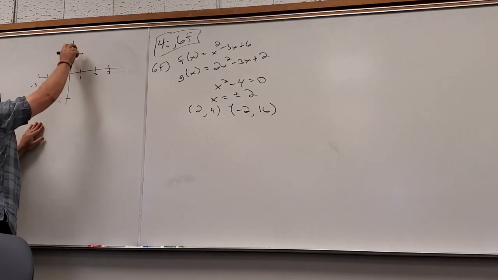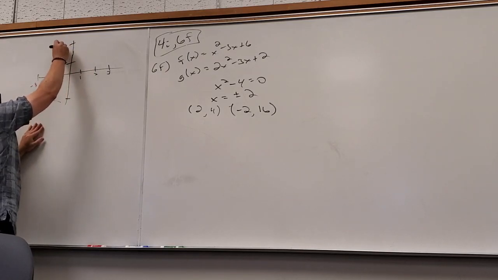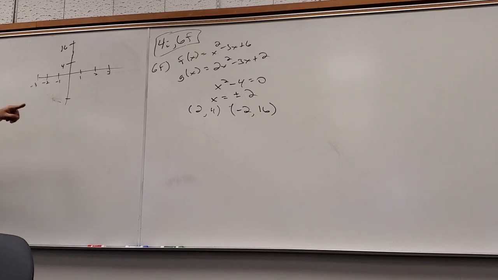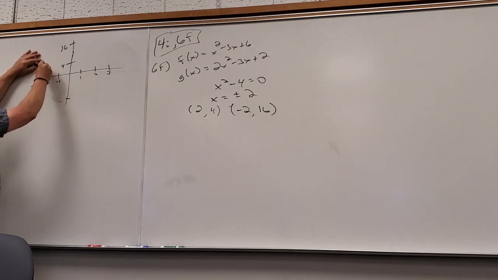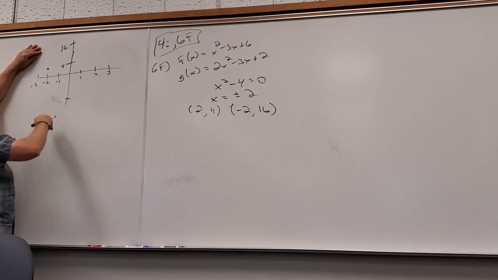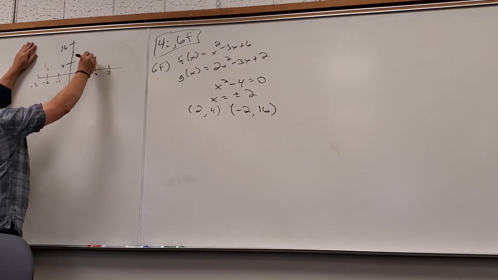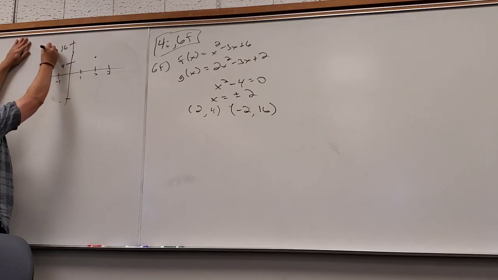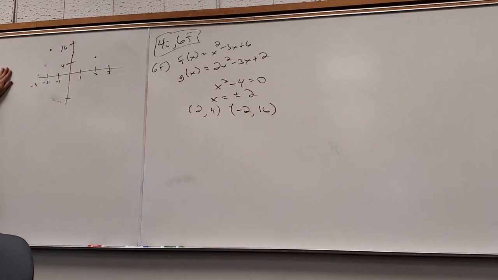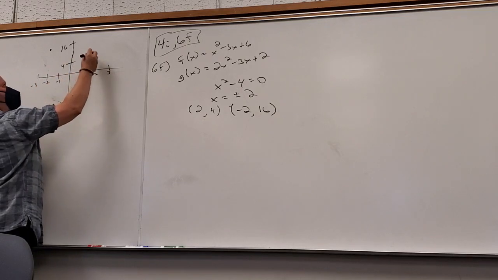There you go, 4 and 16. Is that a good scale? No, but the purpose of what I'm doing is just a sketch. So negative 2, 4, and negative 2, 16. I'm just trying to make everything negative. That's very nihilistic of me.